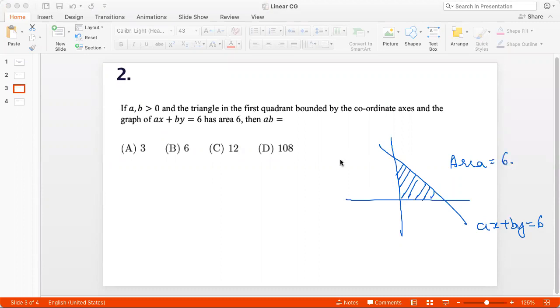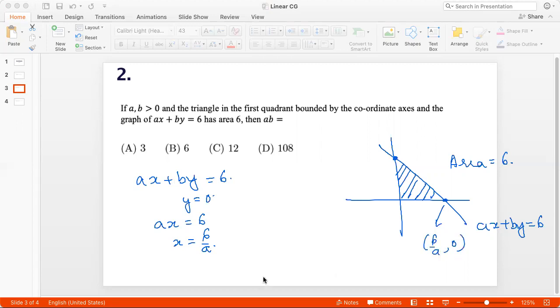I think the best way to solve this question is to find the intercepts. What will be the x-intercept? If I have ax plus by equals 6, to find the x-intercept I put y as 0. So ax becomes 6, so x becomes 6 by a. This point becomes 6 by a, 0.